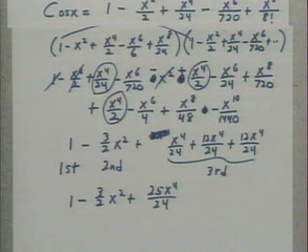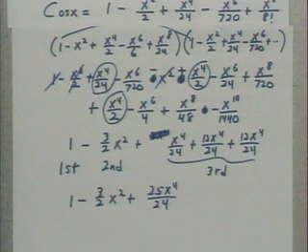Oh, I'm getting close then. And this problem was 59. Bob's answer, 1 minus 3/2 x squared plus 25/24 x to the 4th. What do you think? Close enough? Aren't you glad they only asked for 3 terms?